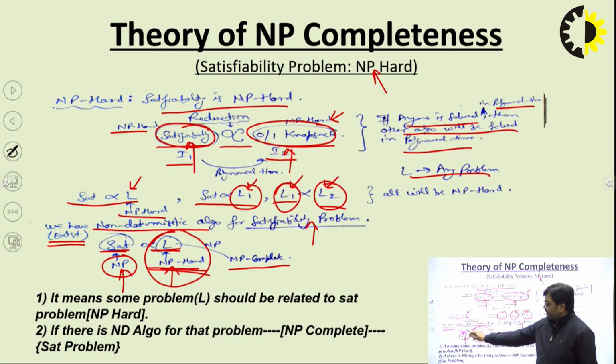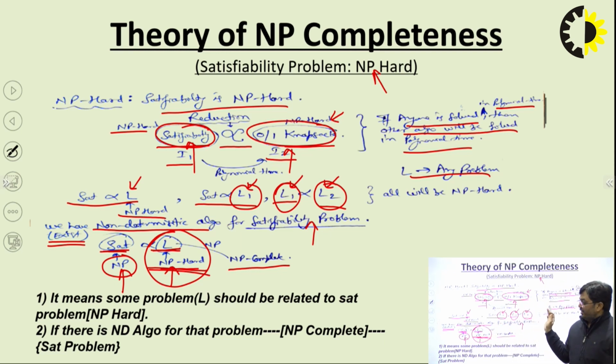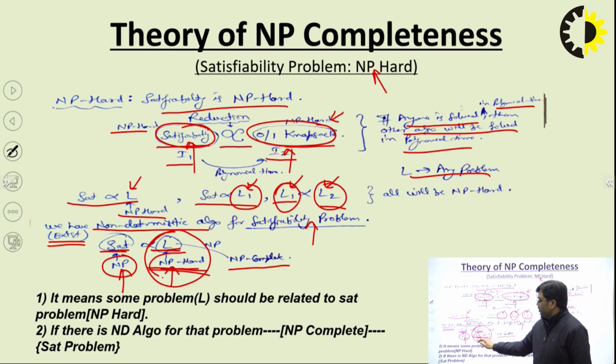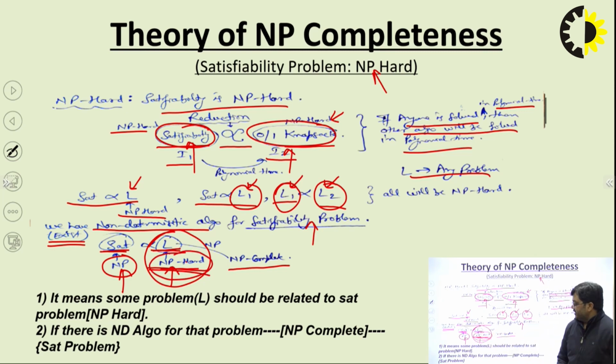Satisfiability can be reduced to the 0-1 knapsack problem, as we have seen earlier. The satisfiability can be reduced to some problem L, which is 0-1 knapsack, which is NP hard. So the algorithms which are taking exponential time, we are saying that all those algorithms are NP hard.